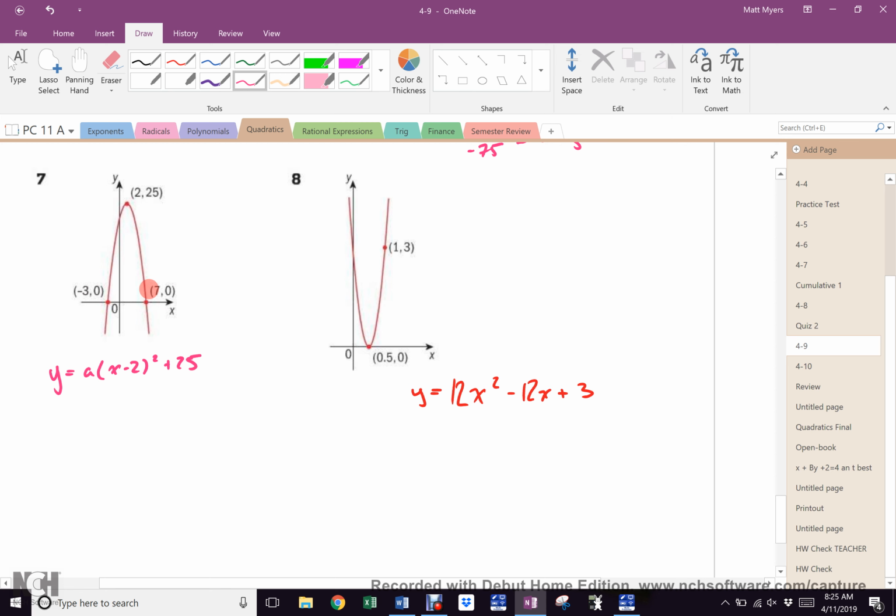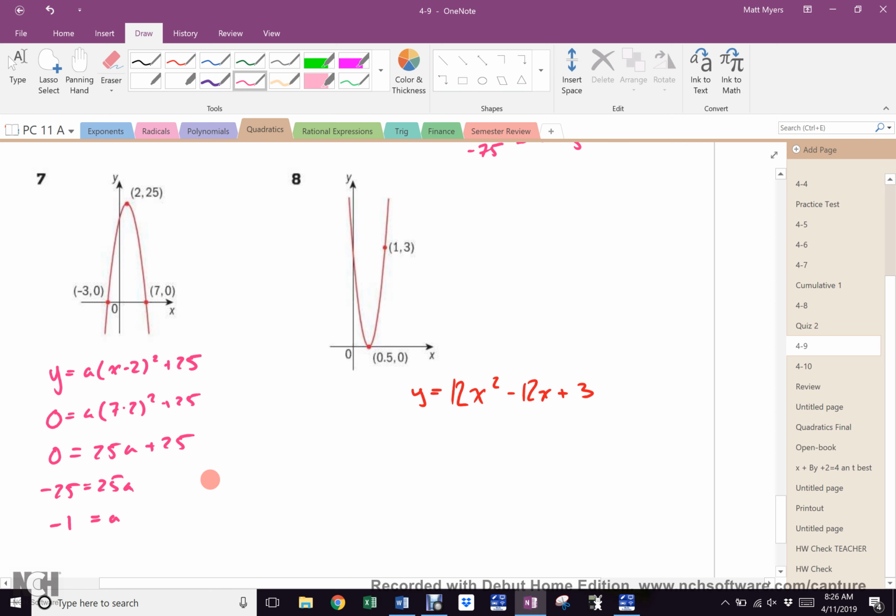As soon as I see vertex, I just happen to go to vertex. So that is 0 equals a times 7 minus 2 squared plus 25. 0 equals 25a plus 25, because 7 minus 2 is 5, 5 squared. Negative 25 equals 25a, a equals negative 1.